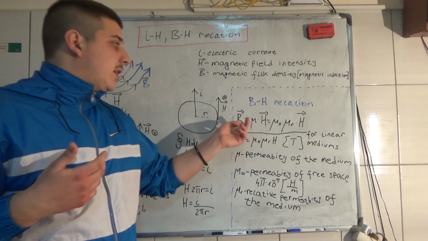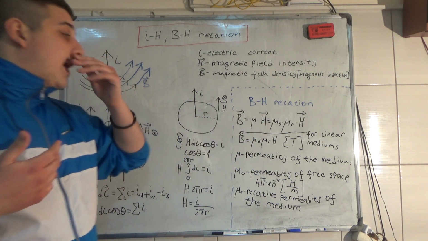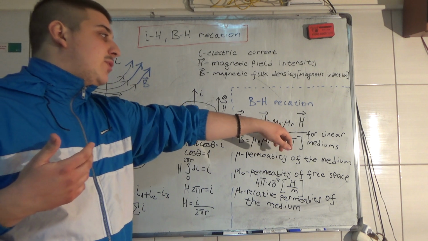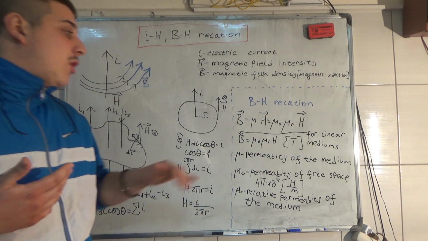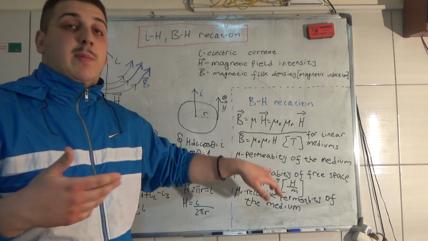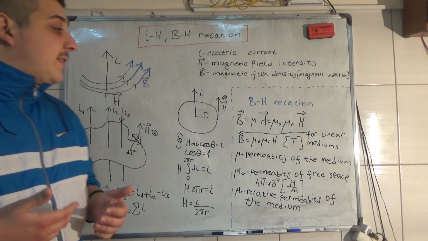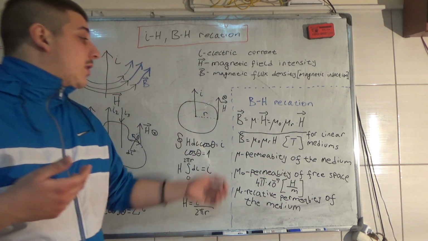And this is equal to mu times H, and mu is equal to mu 0 times mu r, and this mu is called the permeability of the medium. That's a kind of physical quantity that is experimentally calculated.